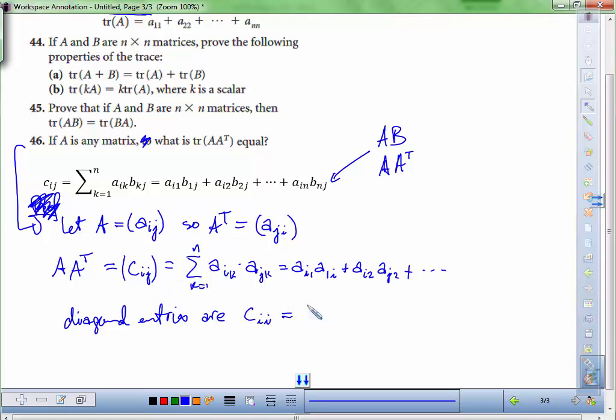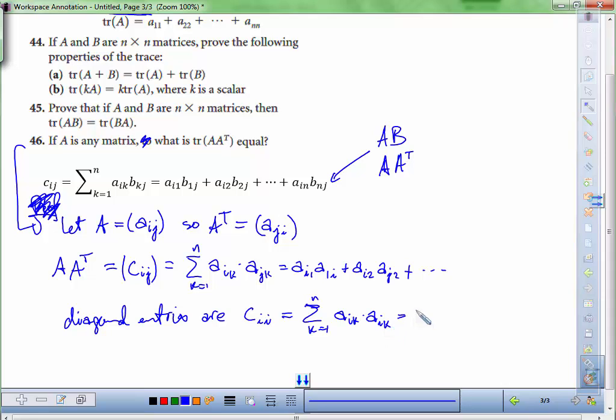So this is going to equal the sum, k goes from 1 to n, of a_ik times a_ (the j has to be an i) so this is a_ik, right? They're exactly the same.